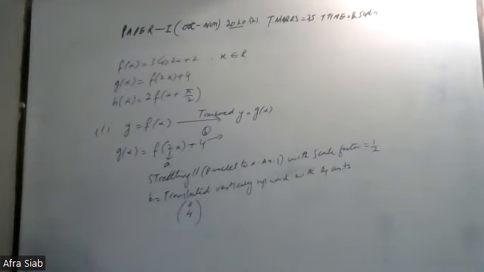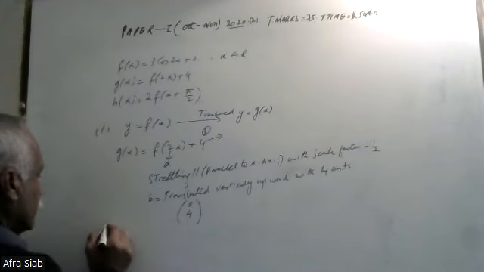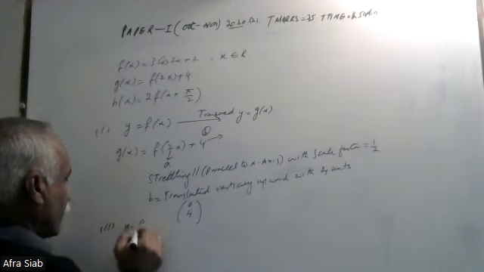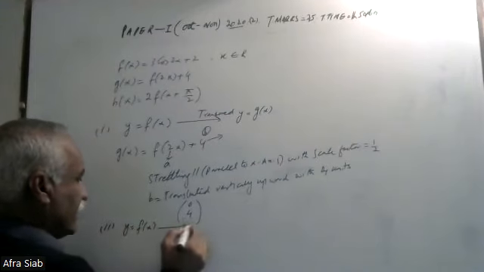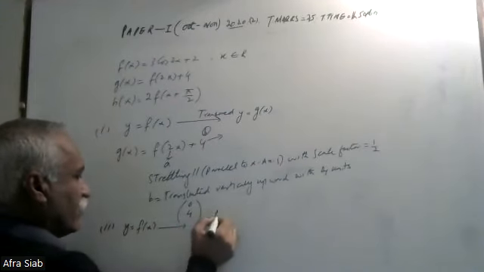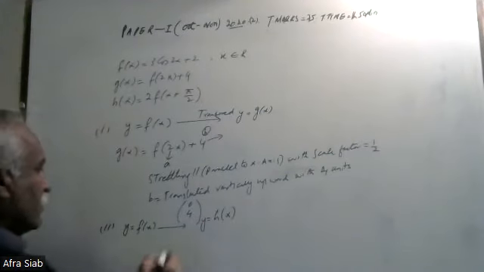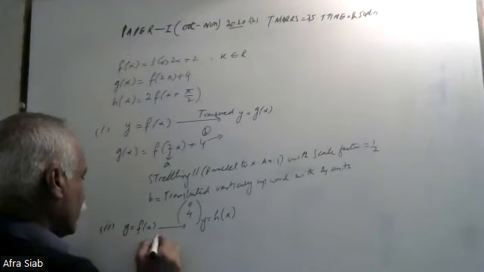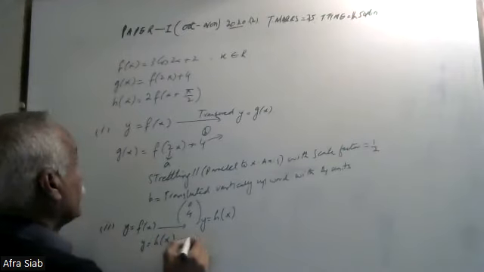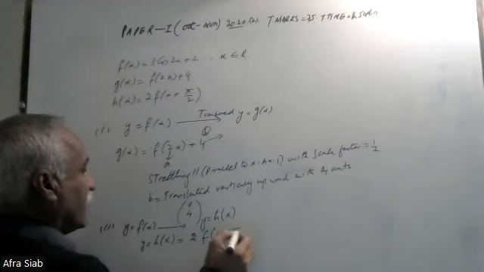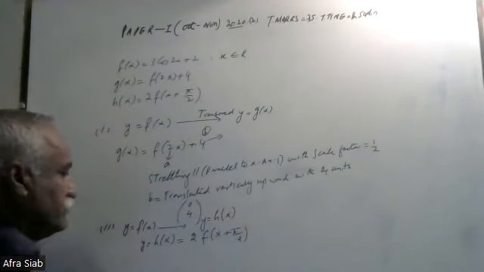In the second part, they are asking that y is equal to f of x is being transformed to y is equal to h of x. So y is equal to h of x is equal to twice into f of x plus pi by 2.